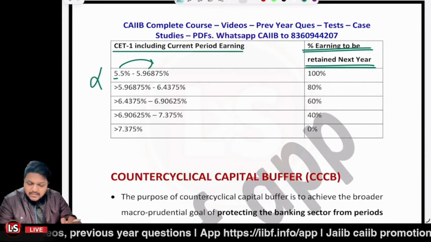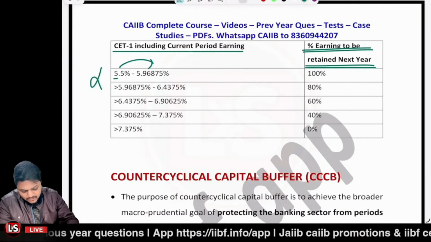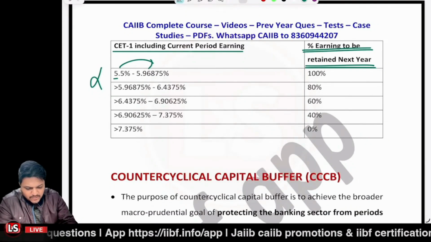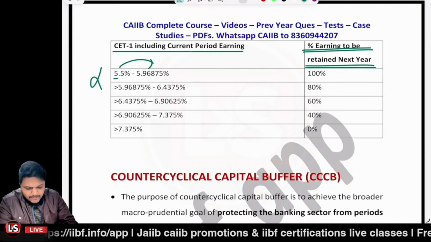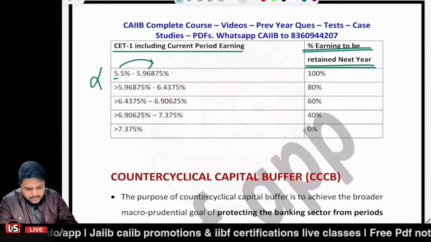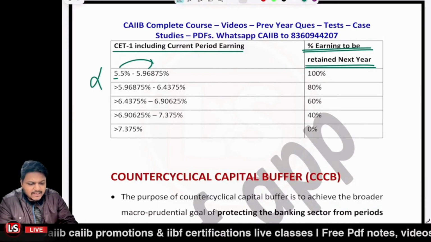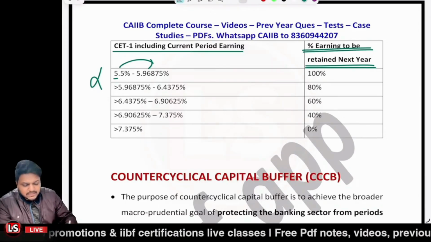And further, this is the range which is given over here. Go for the second term. It is 6.4375 minus 5.96875, right? That is equal to 0.46875.